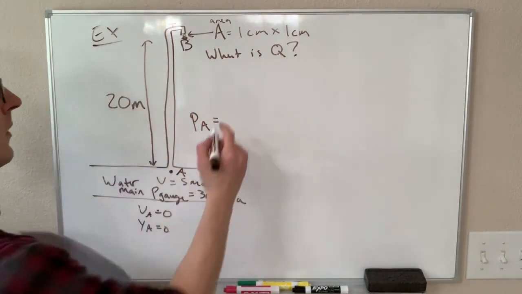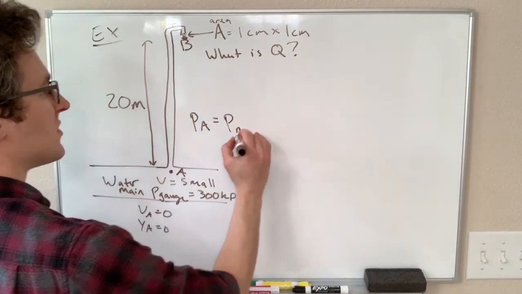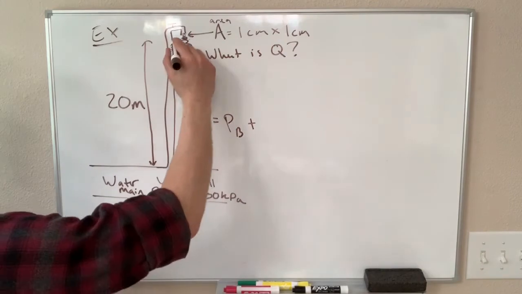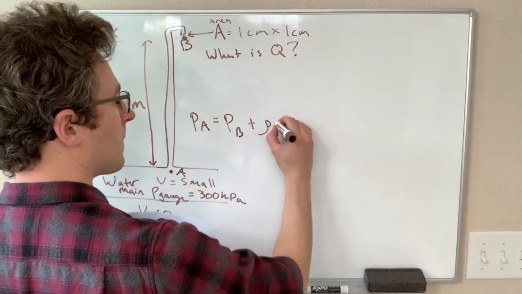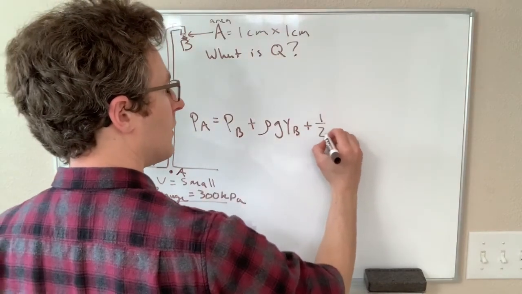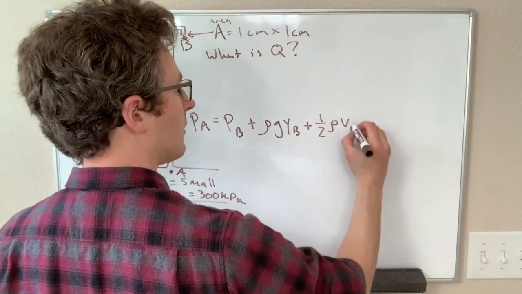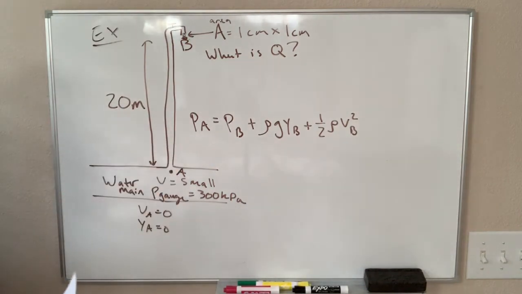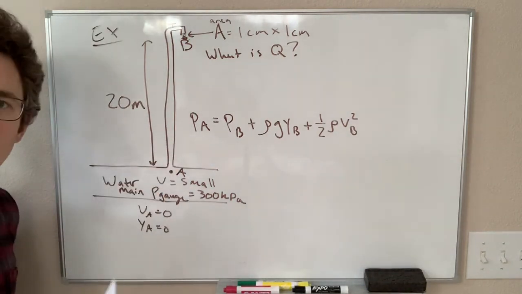Over here, we have some pressure at point B, we have the height at point B, and we have the velocity at point B. I started using Bernoulli's equation without explaining exactly why I wanted to do that.